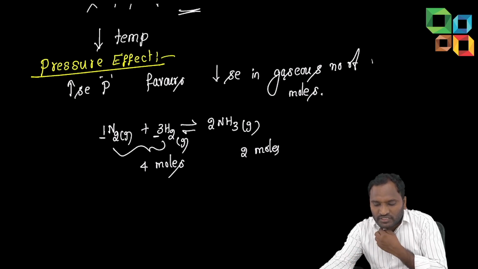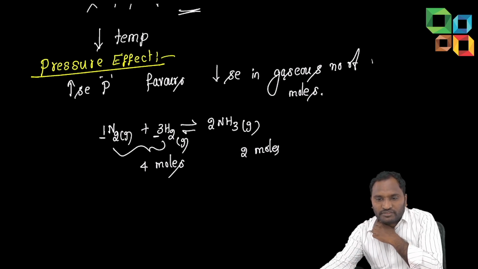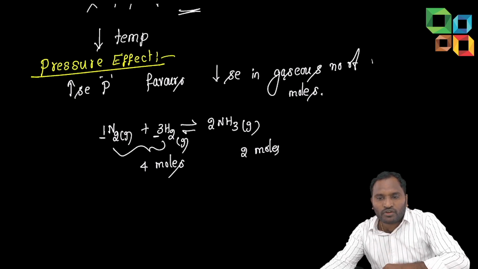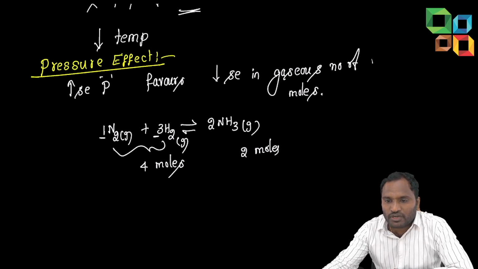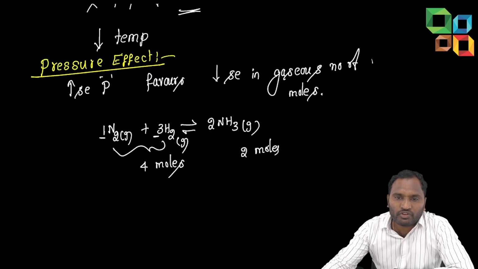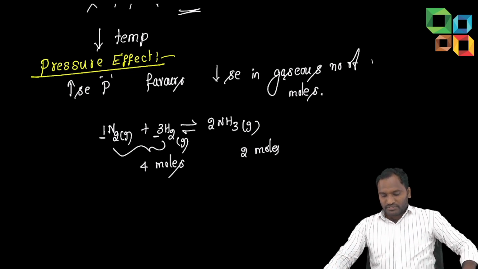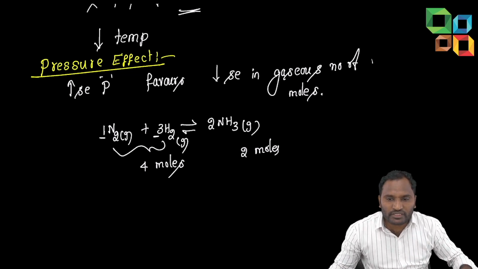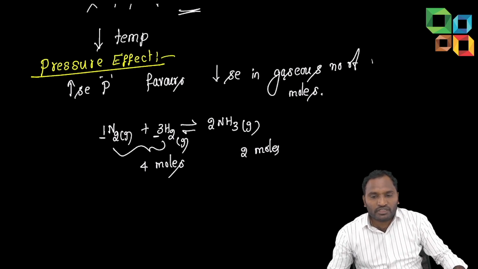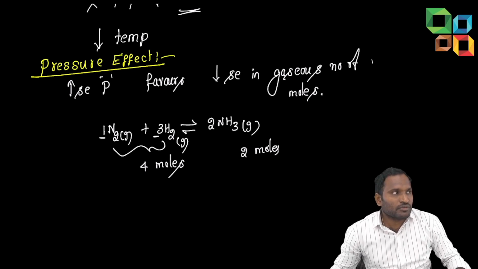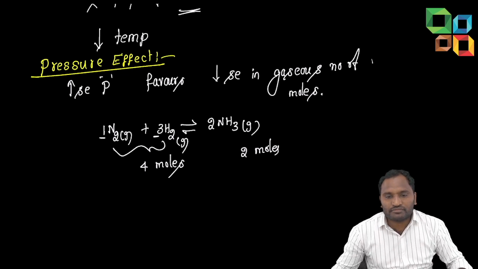Product side, isn't it? So forward reaction takes place. Formation of ammonia is more favorable. Got it, students? Effect of pressure. Is it clear? Yes, sir. Increase in pressure moves towards where the number of moles of gases is less.